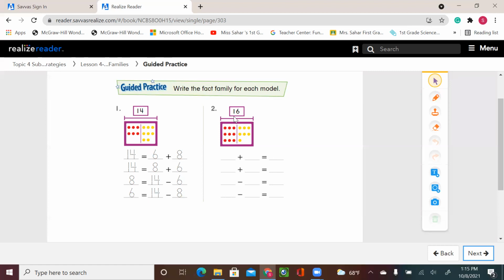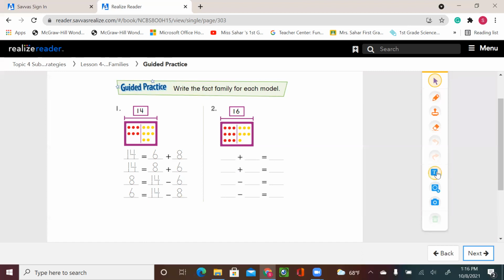So let's do this for 16. Question number 2, your total is 16, and we have 2 addends. So what do we have? 1, 2, 3, 4, 5, 6, 7, 8, 9. So we have 9, and, very good, 7.